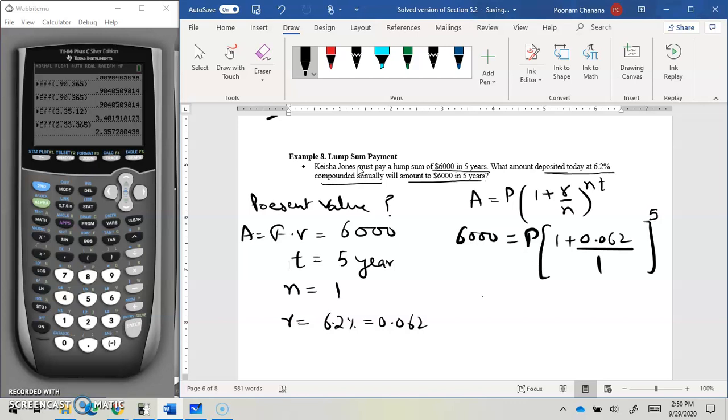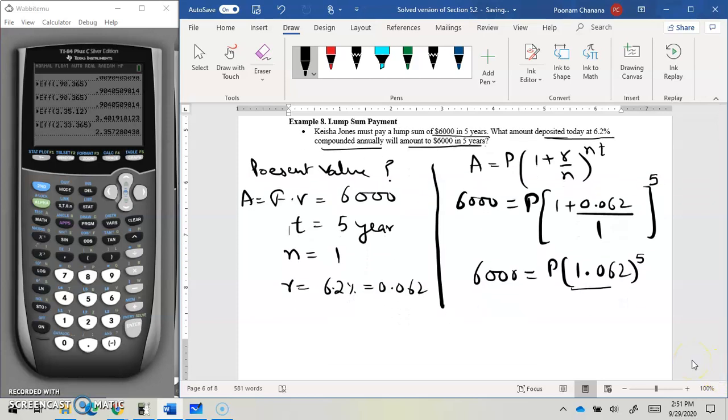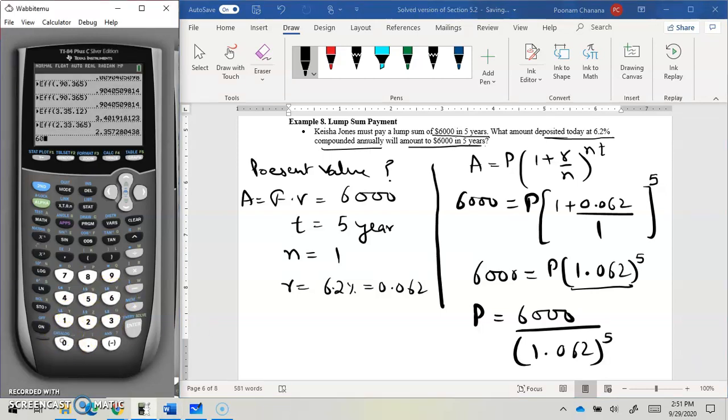So 6,000 is equal to principal times 1.062 raised to the power 5. We can calculate this number and divide both sides by it. So the principal is 6,000 divided by 1.062 raised to the power 5.